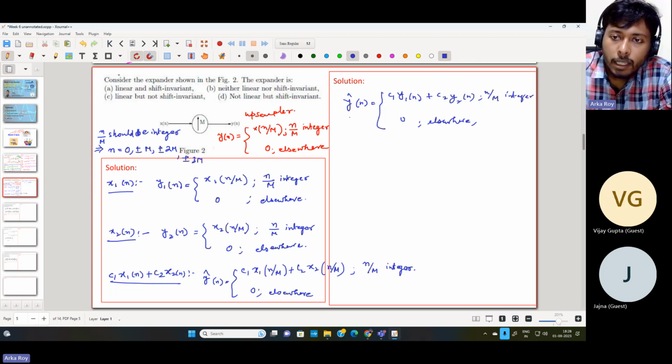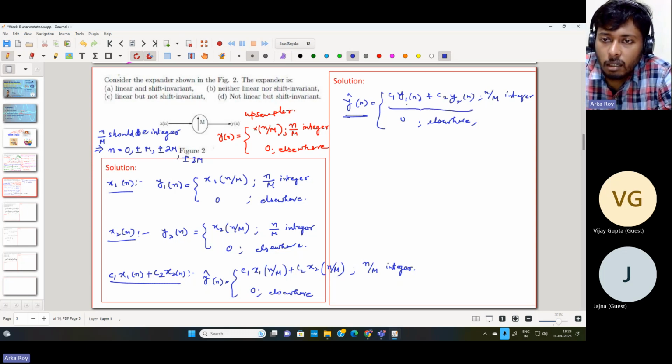That means the total output y of n is the linear combination of the outputs y1n and y2n. So we are seeing a linear combination of the outputs when the inputs were applied separately. That means the particular system obeys the superposition theorem.